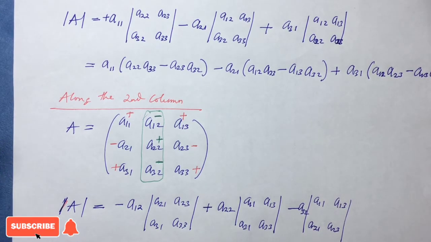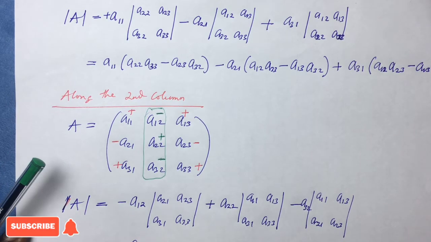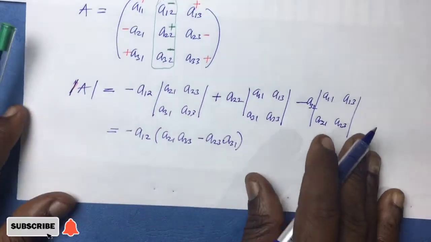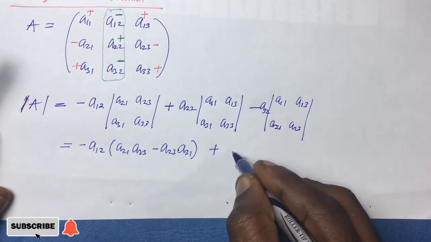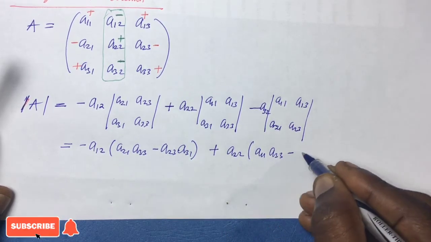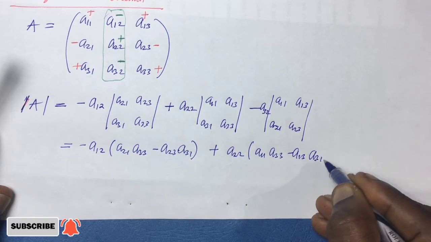So this will now simplify: A12 in bracket A21 times A33 minus A23 times A31. Then as the simplification goes, A22 in bracket A11 A33 minus A13 A31.